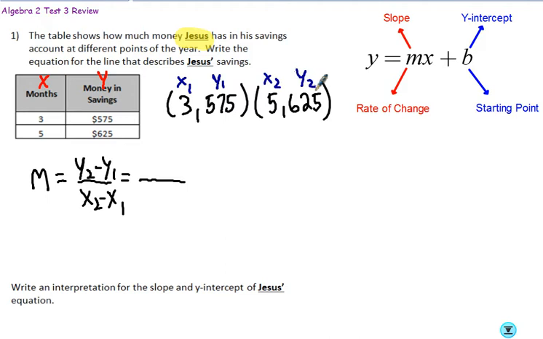Then I'm just substituting those numbers in. So y2, which would be 625, minus y1, which is 575, over x2, which is 5, minus x1, which is 3. So 625 minus 575 would be 50, and then 50 divided by 2 would give us 25.